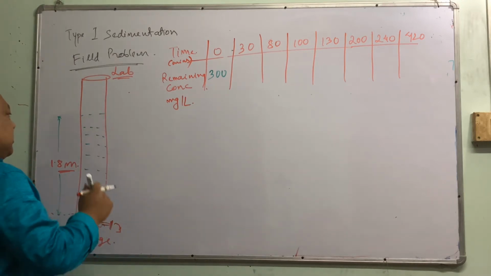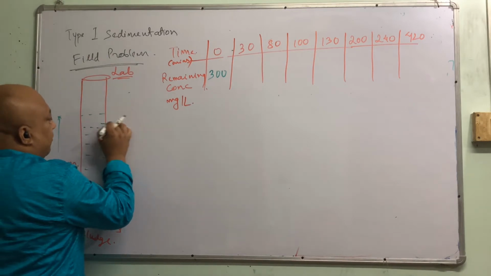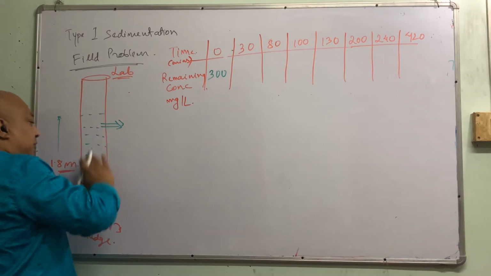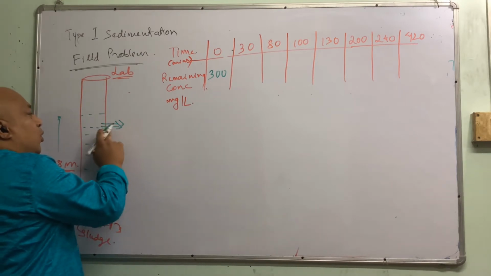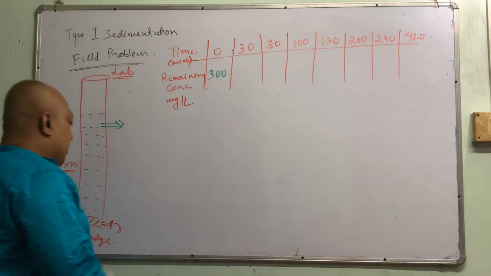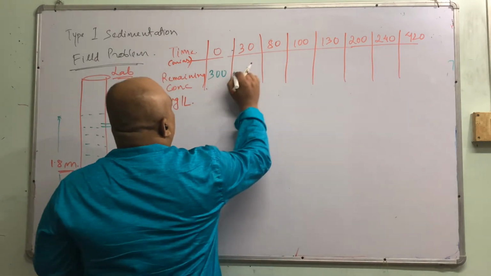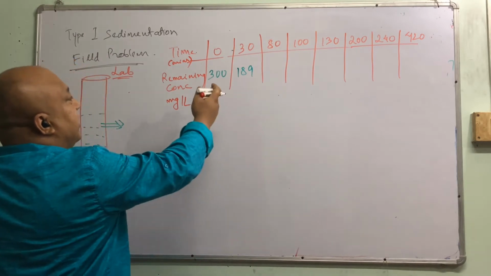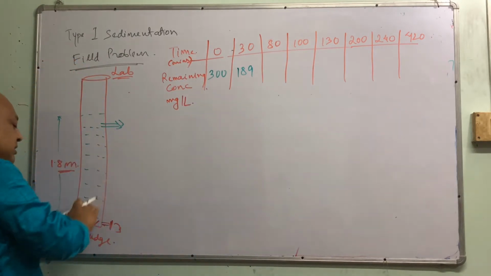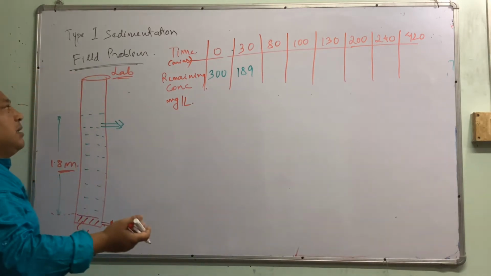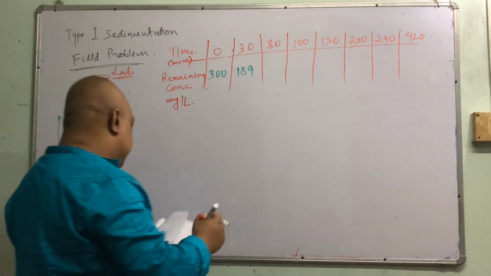Now after 30 minutes, we estimated the sample from here. This is the outlet, but here everything is going to settle down. We are checking the concentration over here. The first concentration we got is, say, 189. 189 means 111 milligram per liter has already settled down. After 80 minutes, definitely the concentration will further decrease.